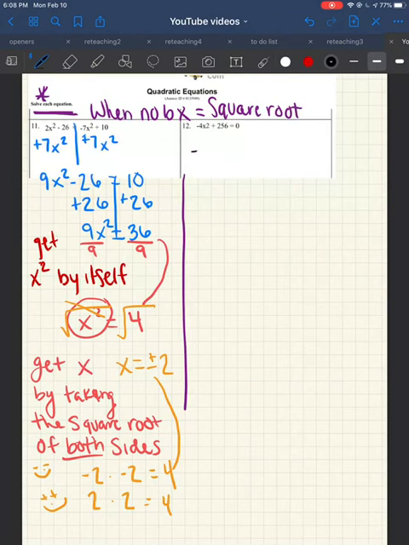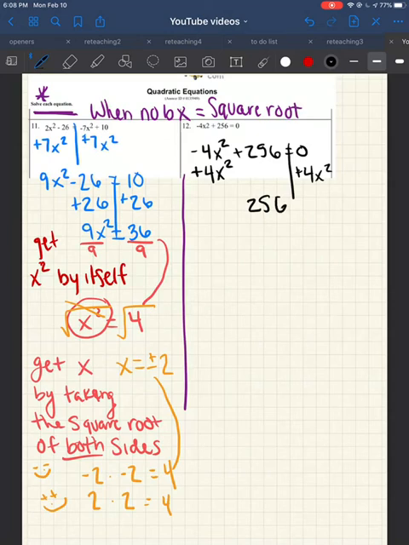I have a negative 4x squared plus 256 equals 0. I'm going to move negative 4x squared to the other side so I can have a positive x squared. 4x squared plus 4x squared. I'll get 256 equals 4x squared.